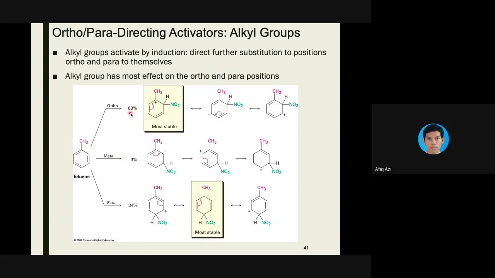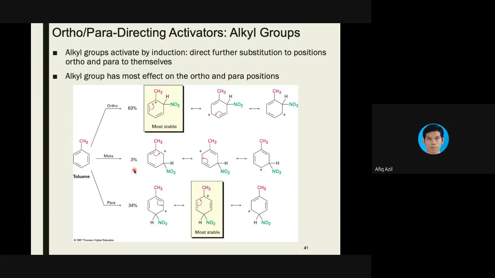As you can see over here, of the products formed, 63% is ortho, and another third is in the para position. Okay, for meta, it is 3% or even less than that. Sometimes the product may not even form at all.